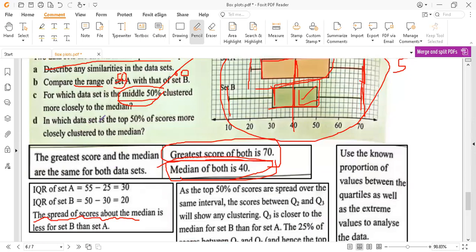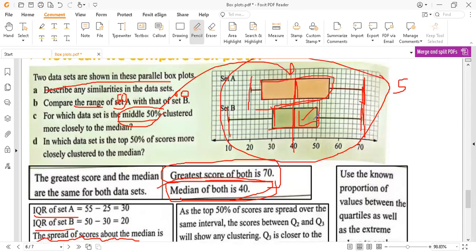We can also use the interquartile range of set A. To find which one, we can see it clearly by eye.